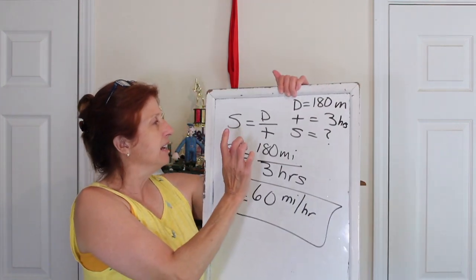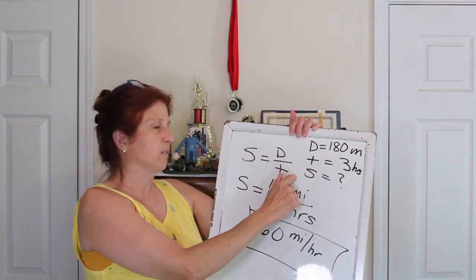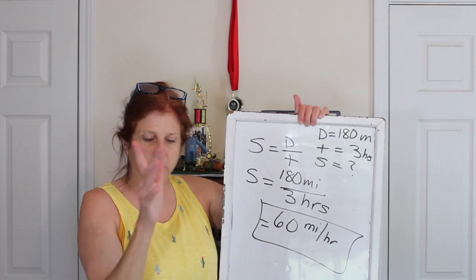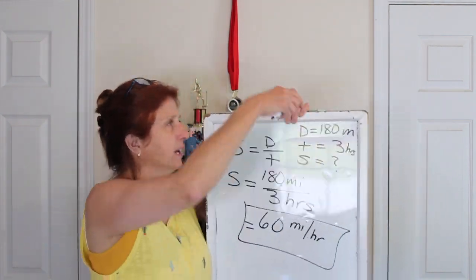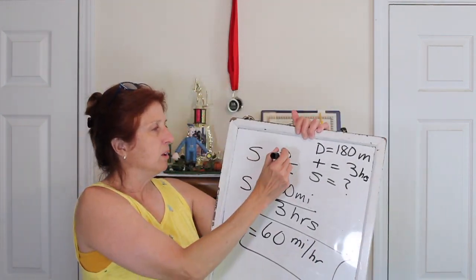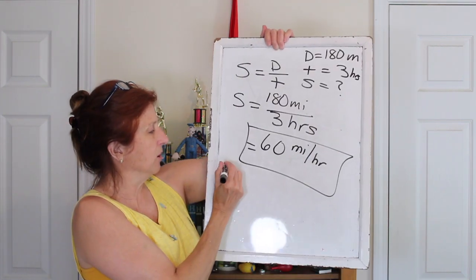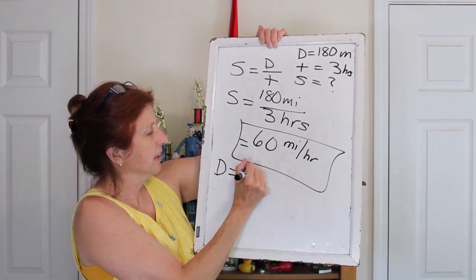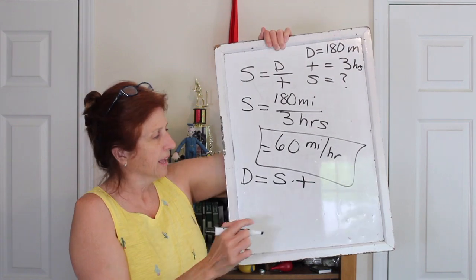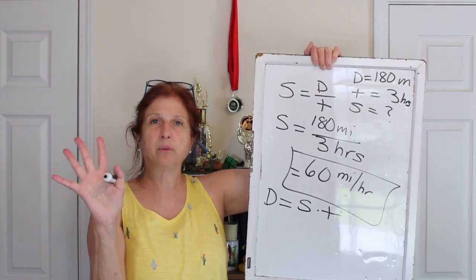But I was all enthusiastic and happy, and so we had this formula in science. And I said, speed is distance over time. But the formula had been rearranged, solved for distance, so it was distance equals speed times time. And I was like, okay, how can we remember this?